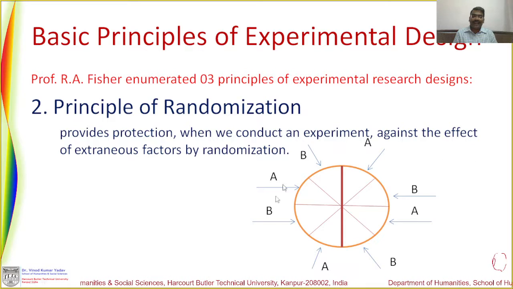So when you choose randomly, you can minimize the extraneous factor of living standard, or cost of living, or paying ability, or customers' demographic profile.